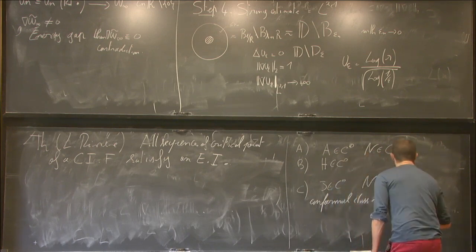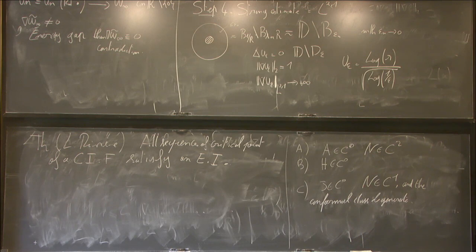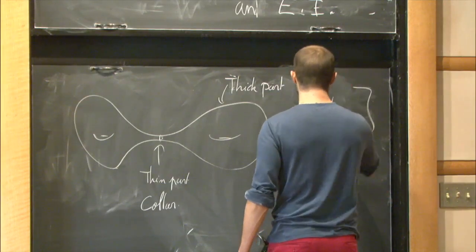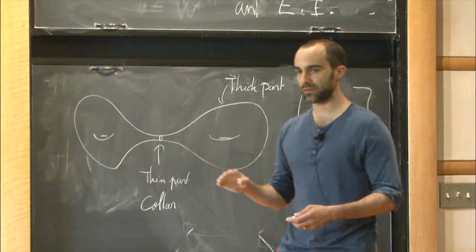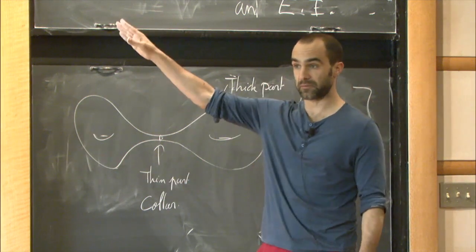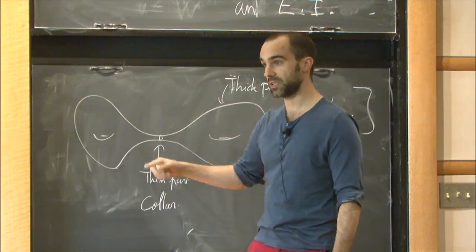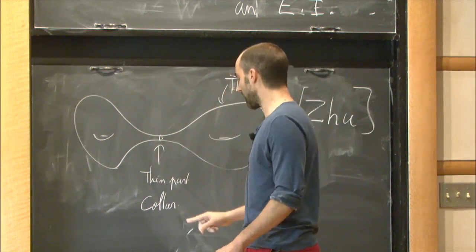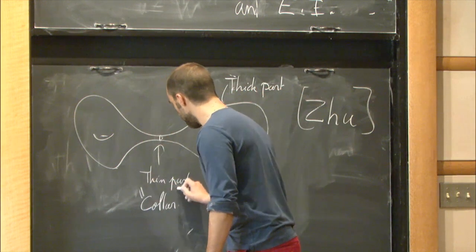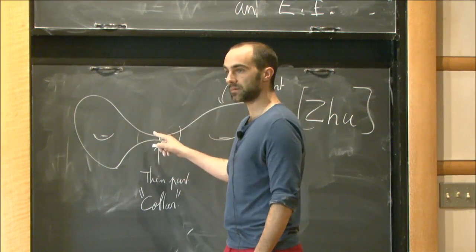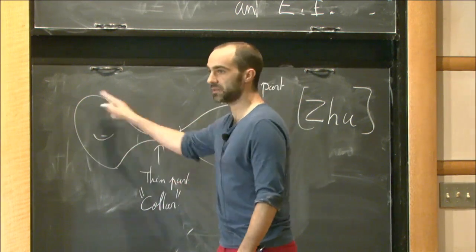So I just want to say a word about the case when the conformal class degenerates, especially for harmonic maps, because it is very well known, by some work of Miaomiao Zhu notably, that you don't have energy identity because step 5 fails, but you can quantify the loss of energy in the collar. And here I insist, collars are not necks, even if they have the same shape. Necks are closed by a disk.